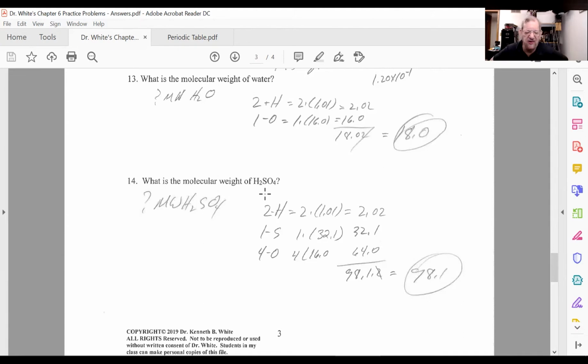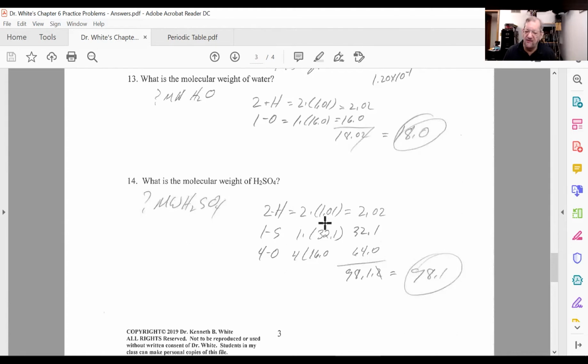This is heavily used in the chemical industry and others. So there are more tons of sulfuric acid made in the United States than any other chemical. But what's its molecular weight? Well, from the formula, we have 2 hydrogens, 1 sulfur, 4 oxygens.